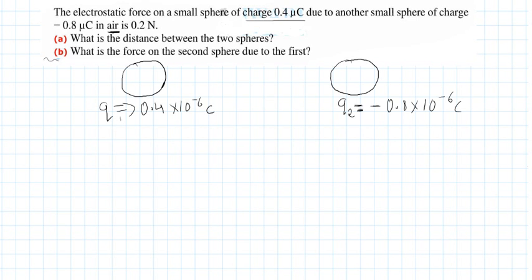So this negative sign tells us that this sphere, sphere number 1 and 2, this sphere is negatively charged.